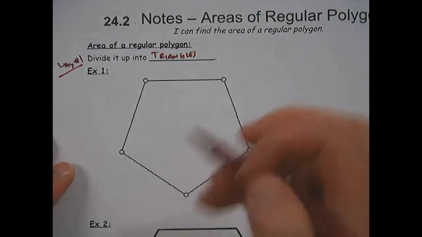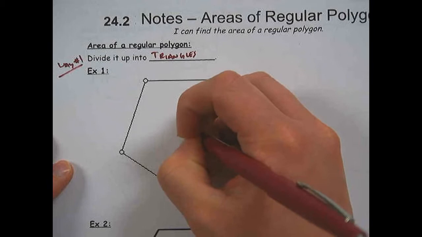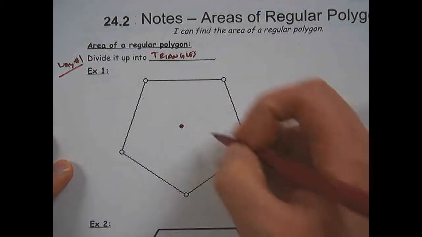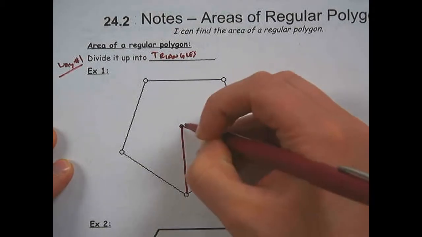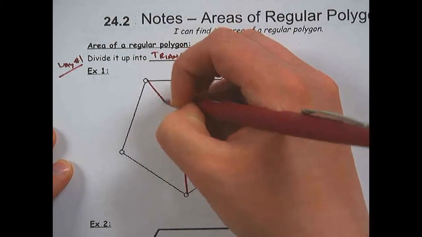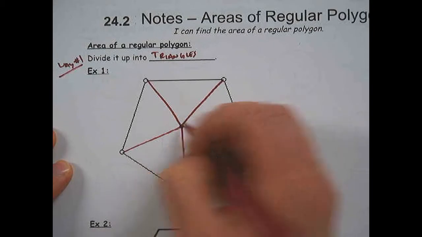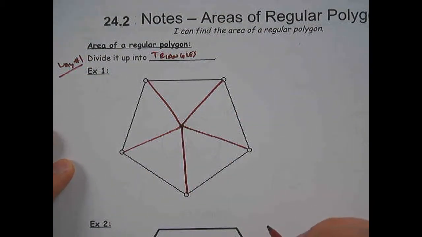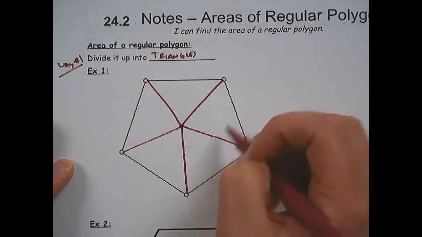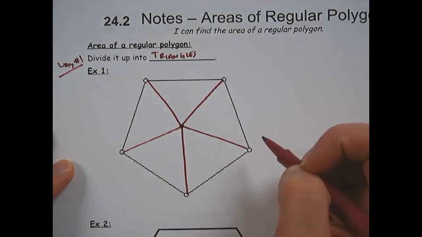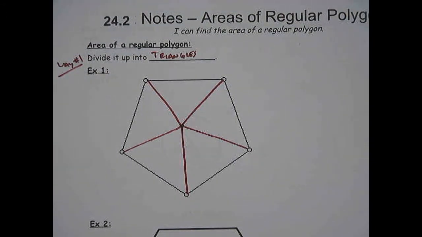So way 1 involves finding the center and cutting the whole shape up into triangles just like this. If I can find the area of one of these triangles, I can multiply by 5 since they're all the same, and that will give me the area of the entire pentagon.